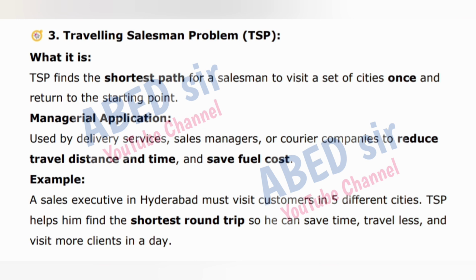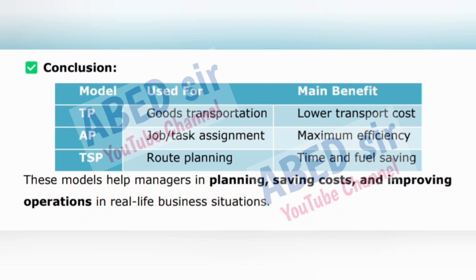Example: a sales executive in Hyderabad must visit customers in 5 different cities. TSP helps him find the shortest round trip so he can save time, travel less, and visit more clients in a day.